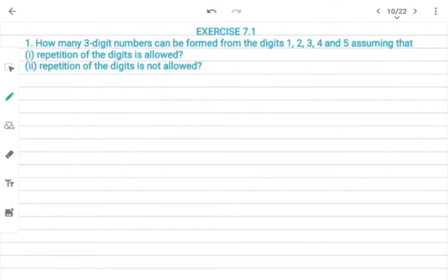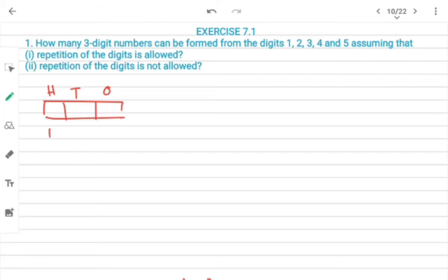Now we'll see an exercise sum. First one, how many 3-digit numbers can be formed from the digits 1, 2, 3, 4 and 5, assuming that in the first subdivision repetition of the digit is allowed? Now we are going to form a 3-digit number. So to get a 3-digit number, I am placing ones place, tens place and then 100 place. Here the repetition is allowed, right?